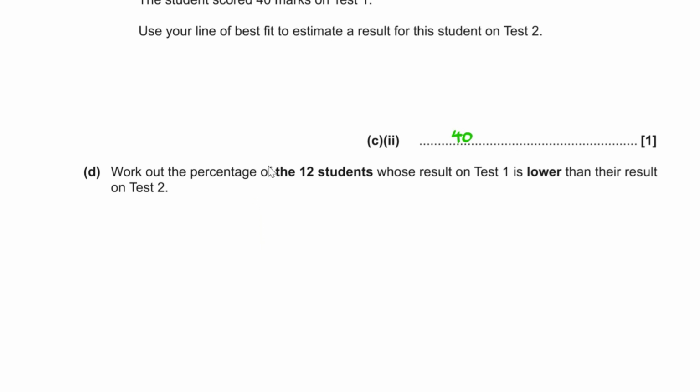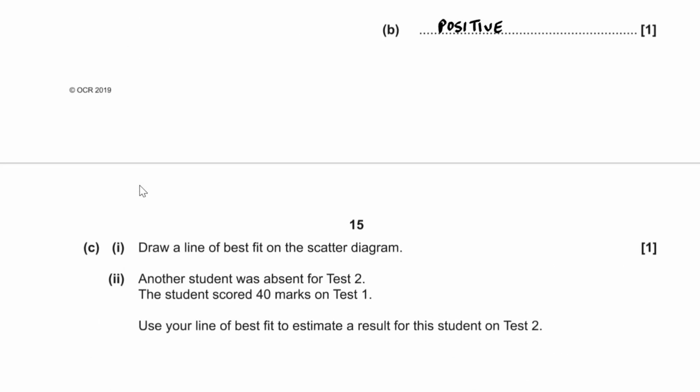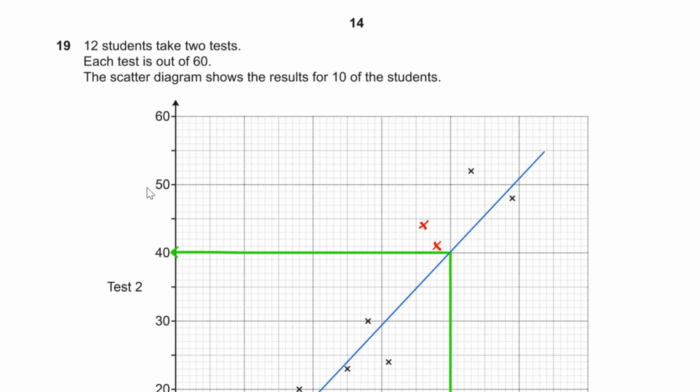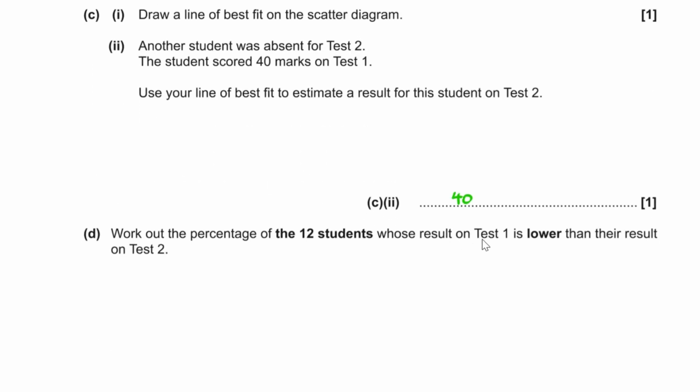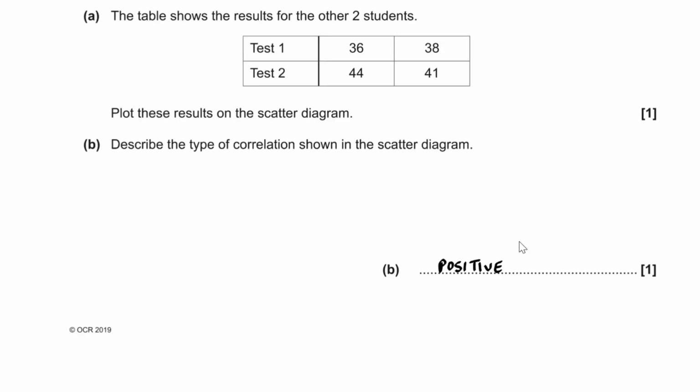And for part D, we have to work out the percentage of the 12 students whose result on test 1 is lower than their result on test 2. So here, what we have to do is take a look at all 12 students, and we want test 1 to be lower than test 2.